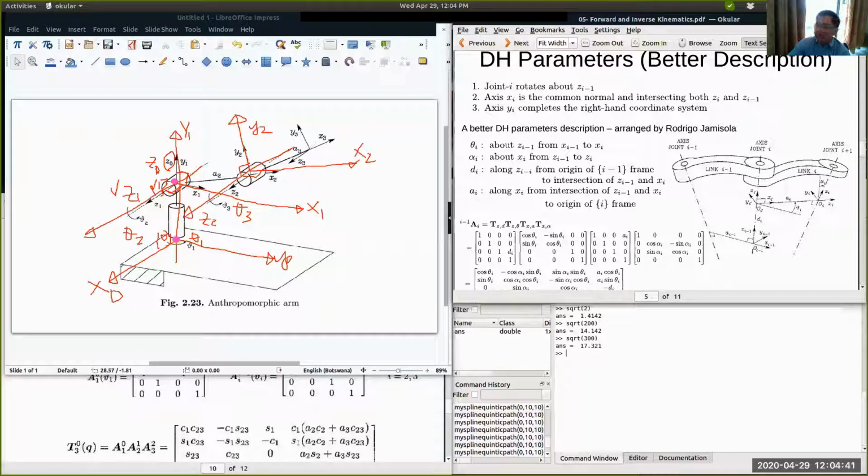In this case, for the end effector, it doesn't hurt. Again, it can be arbitrary. We identified already the frame 2 origin to be there.